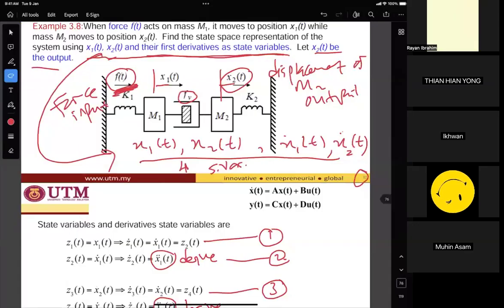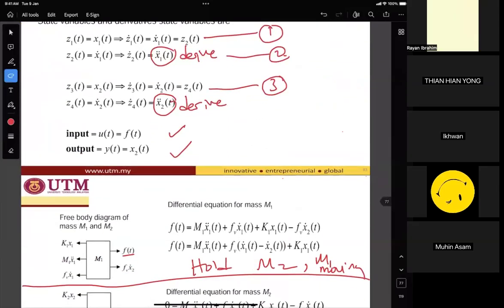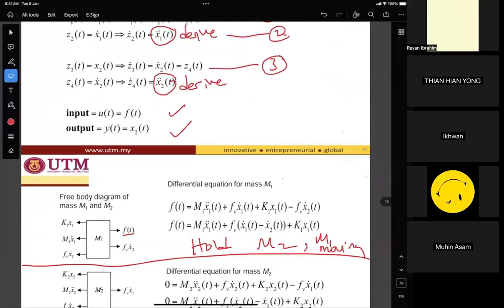This damper has a relation with x1 and x2, so there is a force due to x2, in the same direction as the force F(t), which is Fv x2 dot, the damper in between mass 1 and mass 2.